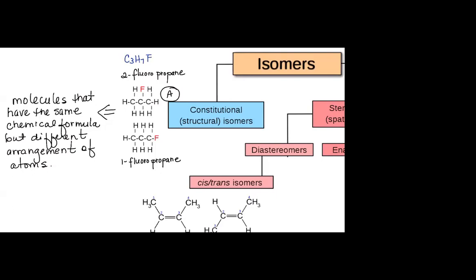If you look at the molecule at the bottom, we also have that C3H7F. So again, I'm comparing two molecules. They're going to have the same chemical formula. If I name them, they're going to have different names because the attachment of the atoms is different, okay? And that's what we know as constitutional or structural isomers.